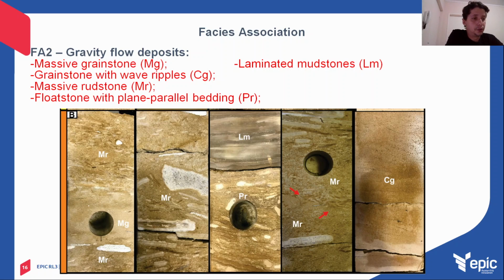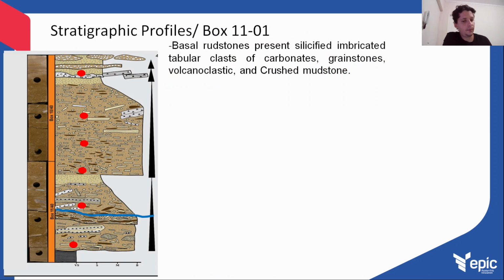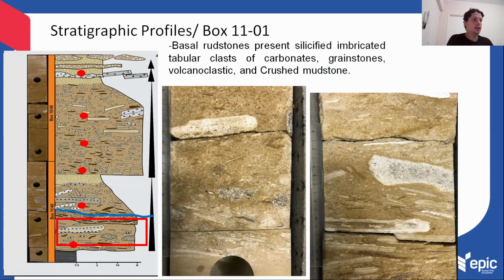The facies association 2 is composed of the facies massive grainstone with wave ripples, massive rudstone and floatstone with plane parallel bedding, and laminated mudstone. Here we can see the basal rudstone that presents silicified imbricate tabular clasts of carbonates, grainstone, volcanoclasts, and crushed mudstone.